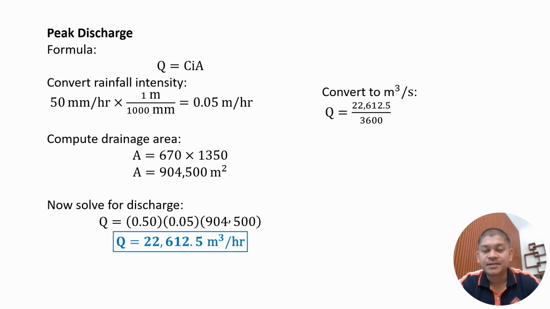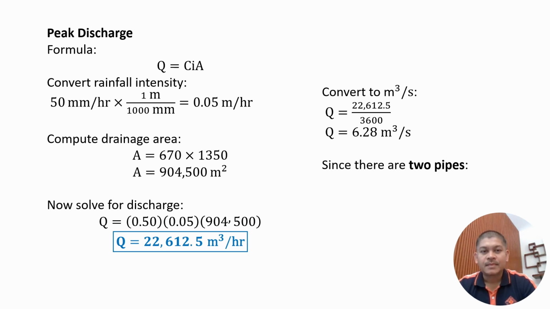Then convert the discharge into cubic meters per second. So Q is equal to 22,612.5 divided by 3,600 seconds. So we get 6.28 cubic meters per second.